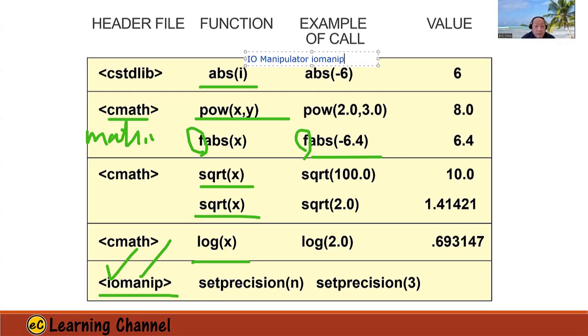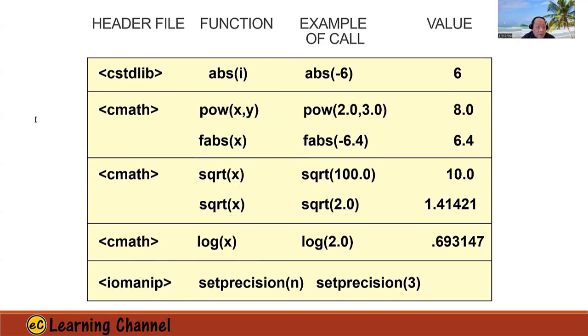Okay, so now let's look at this IO manipulator. What does it do? It is actually pretty much the same as printf. So let's try this.